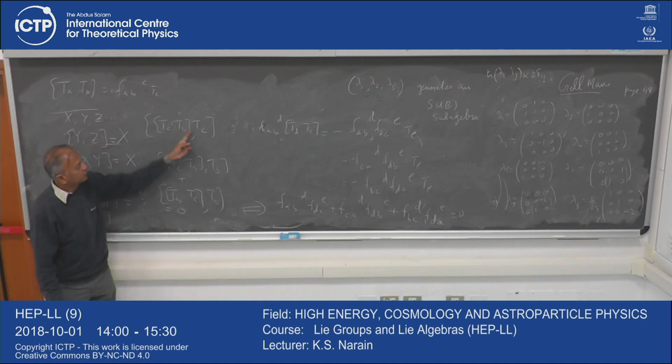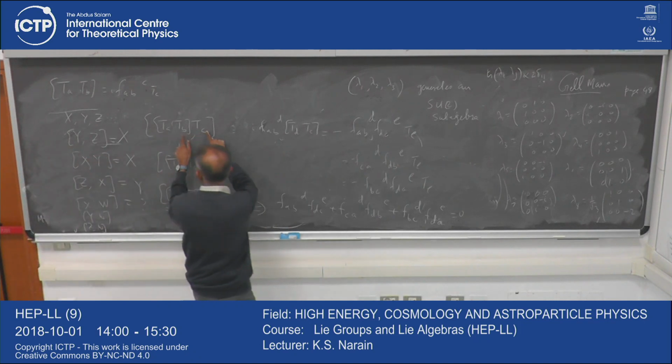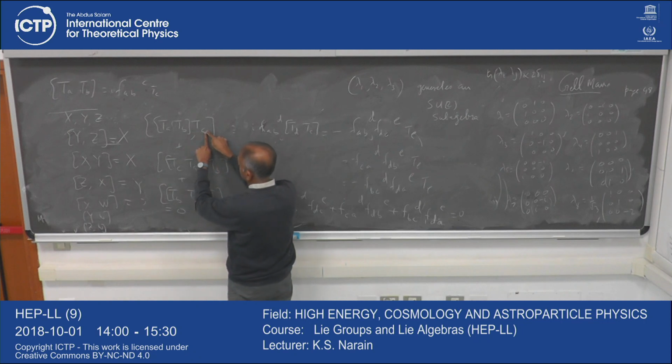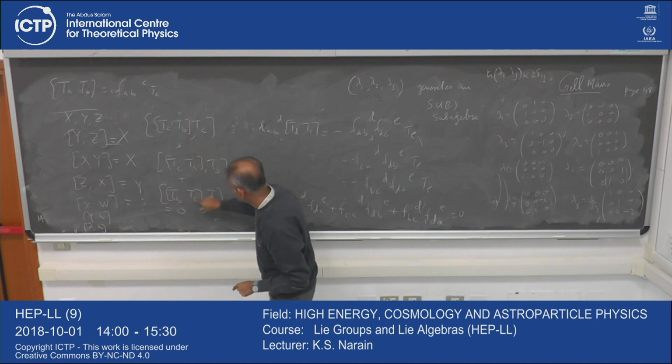Of course, if any two are the same, then this is trivial. It doesn't give you any information, right? Suppose, for example, C was equal to B. Then this vanishes anyway, because T_B with T_B gives zero, that goes out.